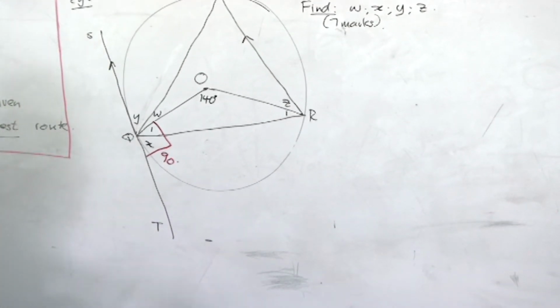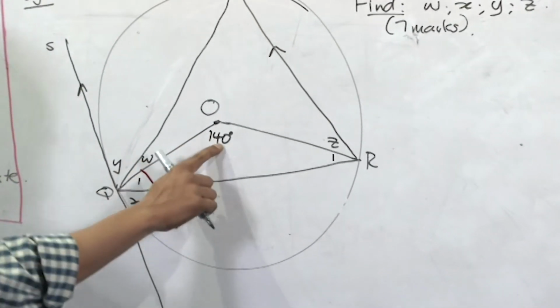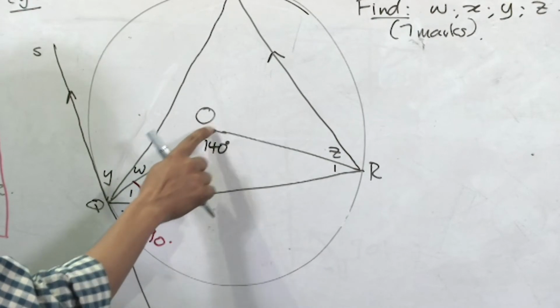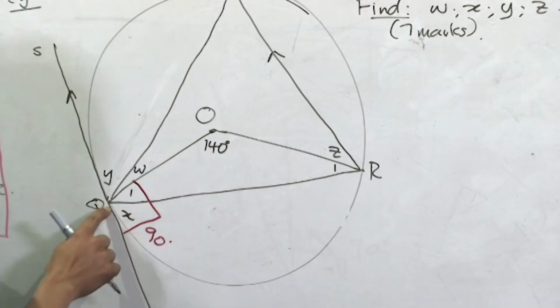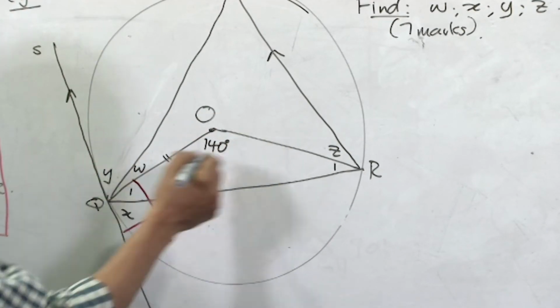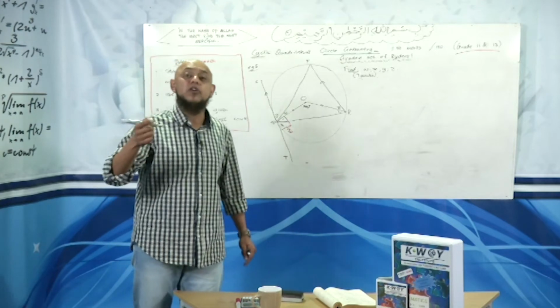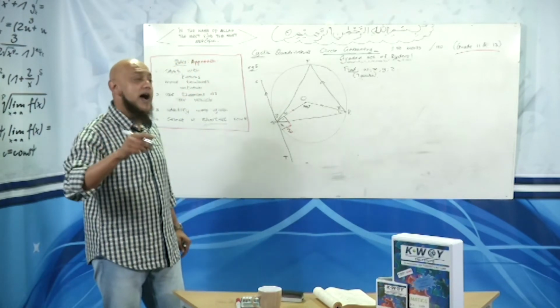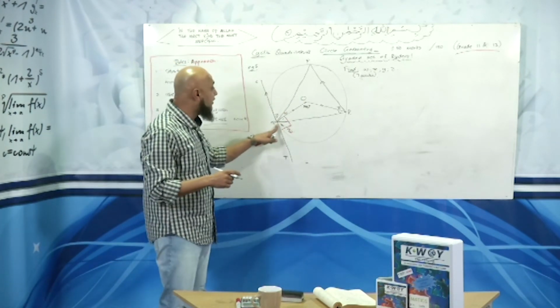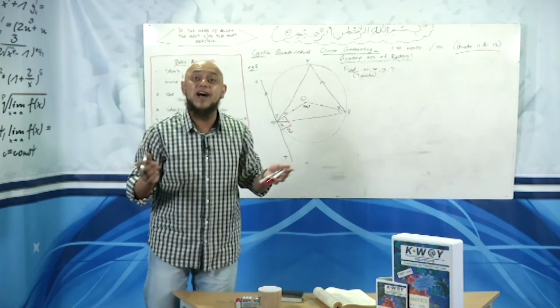Okay, now let's start. We said we start with our known, so we're starting with 140. We know that triangle OQR is isosceles. Why? OQ is equal to OR. Although it's not given in the problem, you are doing it by inference. How did you get it? You know that OQ is a radius, OR is a radius, therefore radii are equal in length.